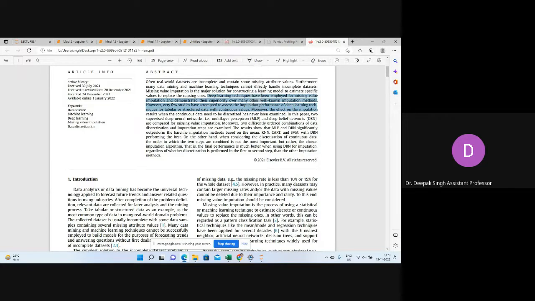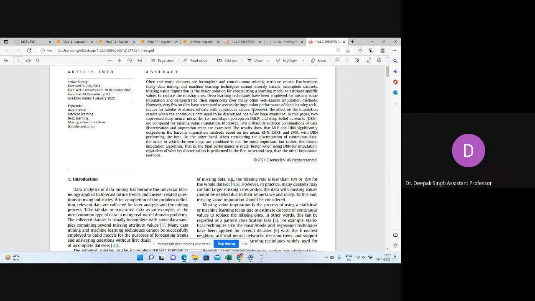Okay. See, abstract is a place where everything is given, but it will be given in a very abstract manner. You won't get as much detail about the paper from the abstract, but at least you will get an idea of what they have done. First three lines, obviously, they will introduce the problem. Then some of the lines will introduce what they have identified.